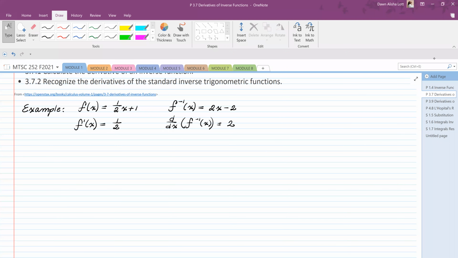So we have a theorem. It's a little bit more detailed than that.